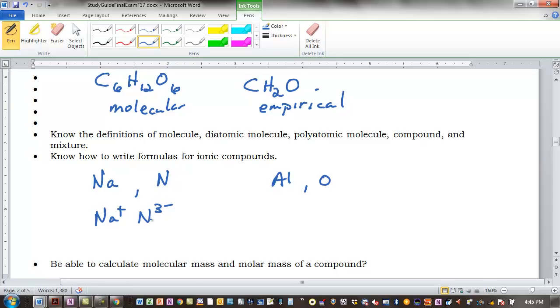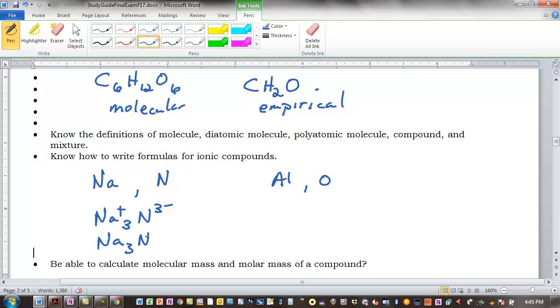So what's our formula going to look like? Na3N. We won't leave the charges in the formula. Your charges do have to balance.